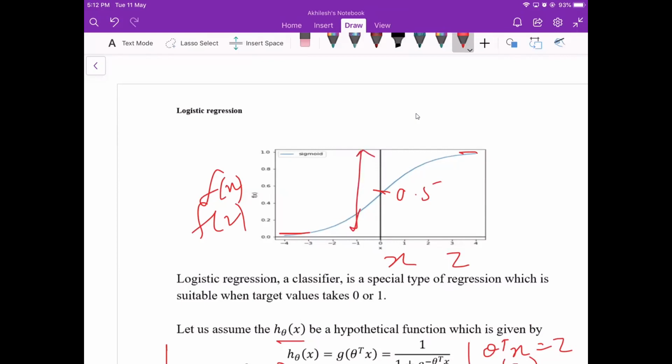This is the reason it is used in classification problems, because we need a probability, and this is already in the form of 0 to 1. So when the predicted probability is less than 0.5, you can assign the negative class. When it is greater than 0.5, you can assign the positive class.